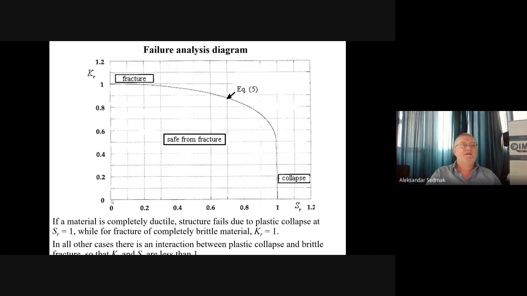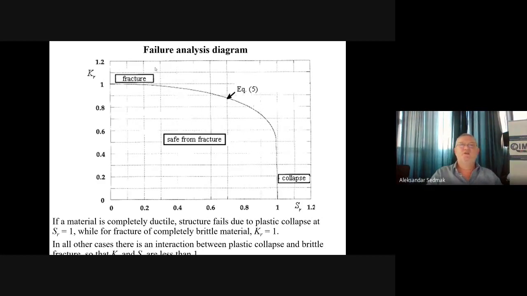And then if we look at the y-axis, if we go from 0 to 1, there is an increase in the probability of brittle failure. So in this area, we consider brittle fracture as an option.